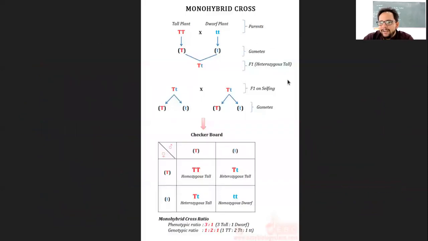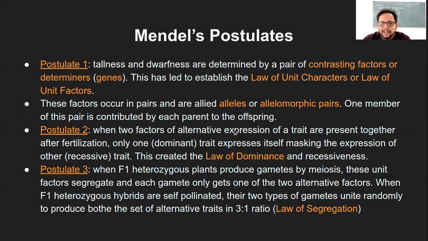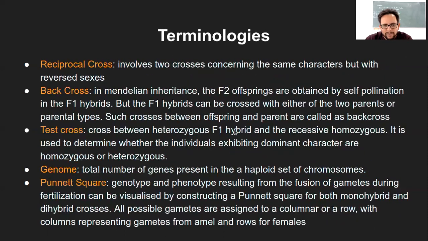So we had parent, we had F1 generation, and we had F2 generation. When you cross an F2 generation individual back with an F1 generation individual, or either of the parents, that is called a back cross, because you go back in the generation and set up a cross of those two.